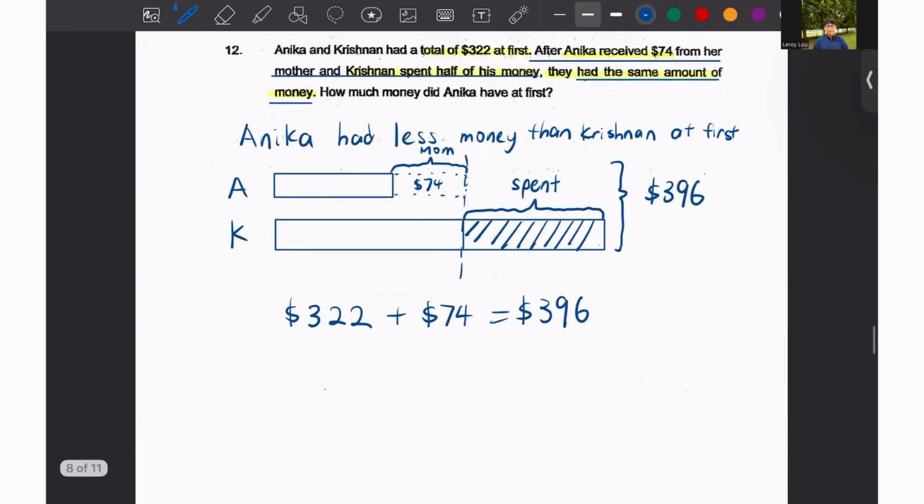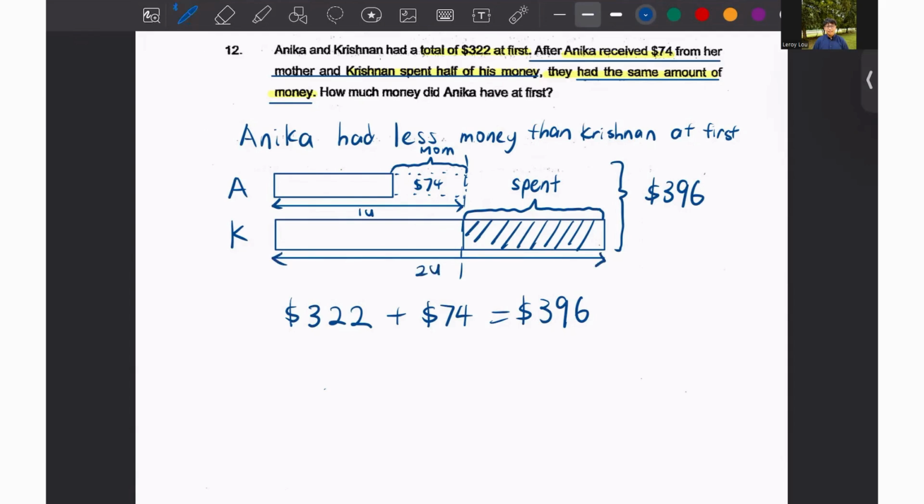So if you look at the comparison model now, we know that we have 396, and this 396 represents 1 unit from Anika and 2 units from Krishnan. Let me mark it out in the diagram. Here is the 1 unit from Anika, and here are 2 units for Krishnan.